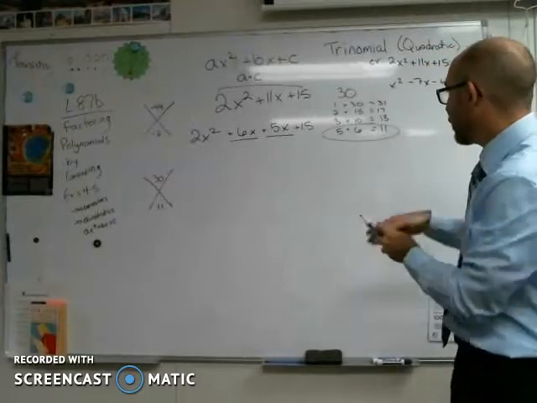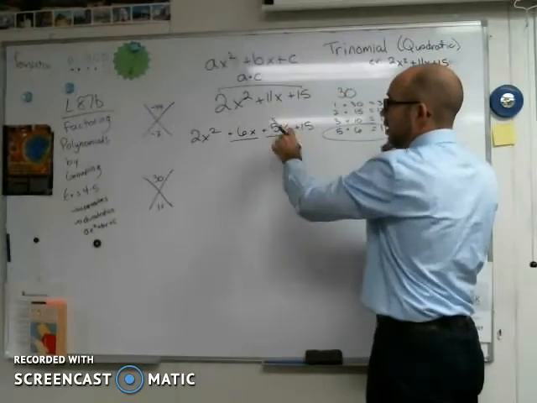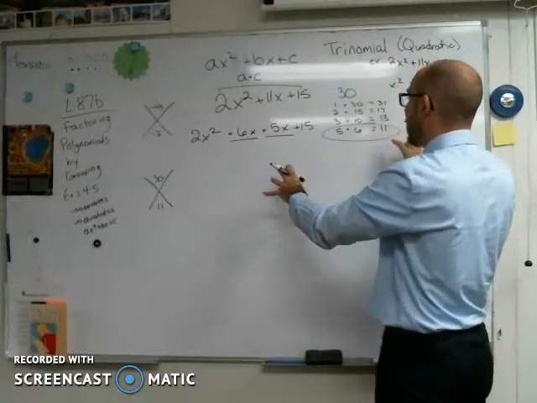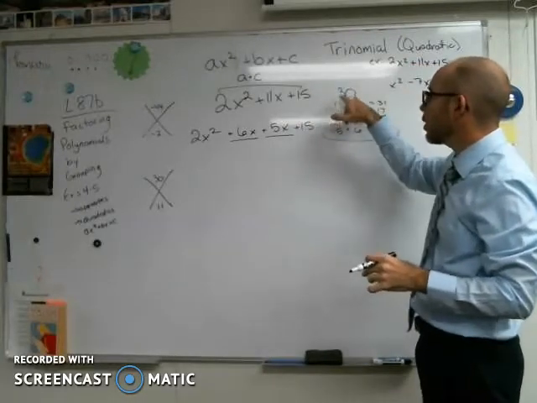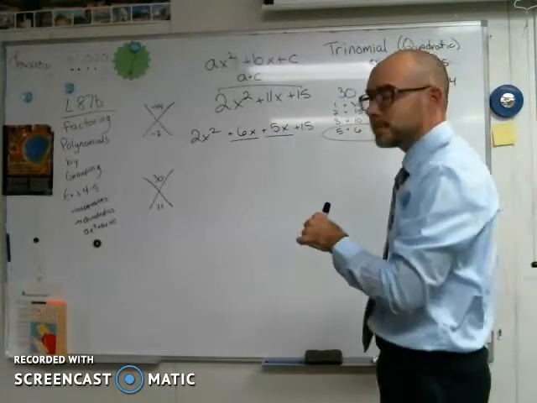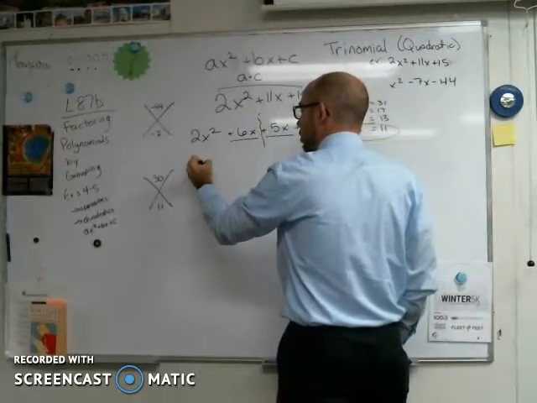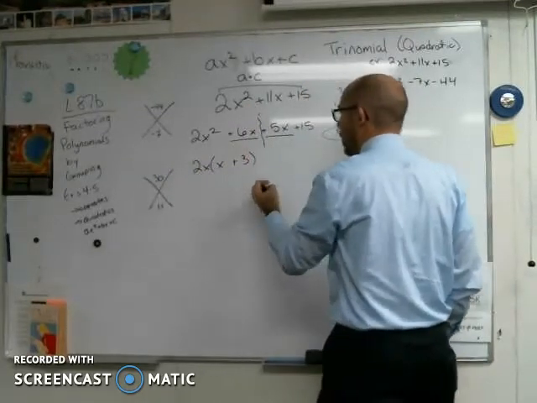So I used these factors that I found, and I'm going to say, well, the middle piece was actually 11x, but it's broken up. I'm going to break it up into 6x and 5x because those 2 factors equal 11 and multiply together to make 30. That's the trick. That's the thing that we're looking for. So now we go and we split this up and we factor it in the front and in the back.